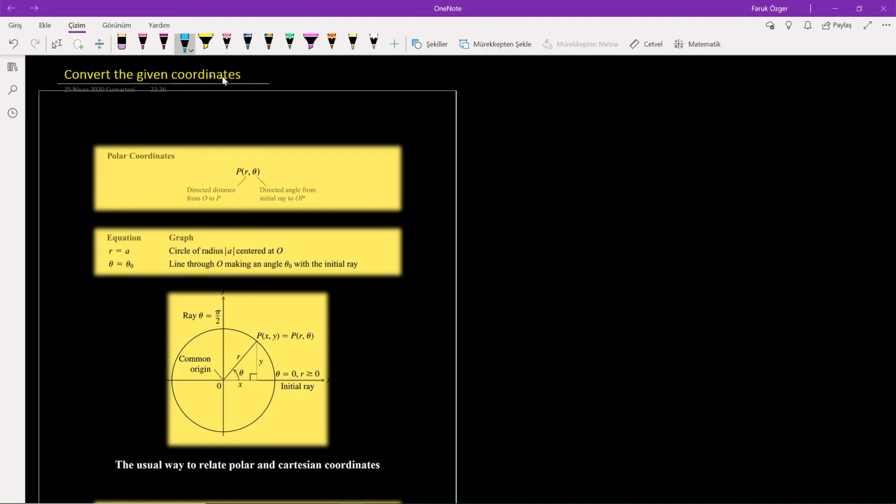Coordinate systems are really nothing more than a way to define a point in space. For instance, in the Cartesian coordinate system, a point is given in the coordinates x, y, and we use this pair to define the point by starting at the origin, x units horizontally, followed by y units vertically.